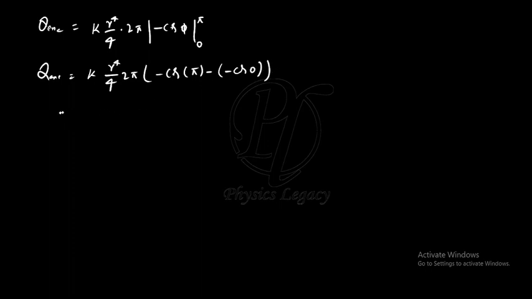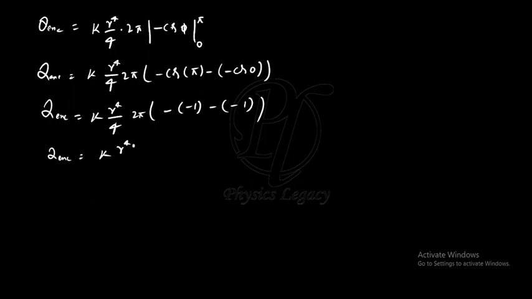So Q enclosed equal to k R to the 4 over 4 into 2 pi, minus minus 1 minus minus 1. So Q enclosed equal to k R to the 4 over 4 into 2 pi into 2, and this will be equal to k R to the 4 over 4 into 4 pi.